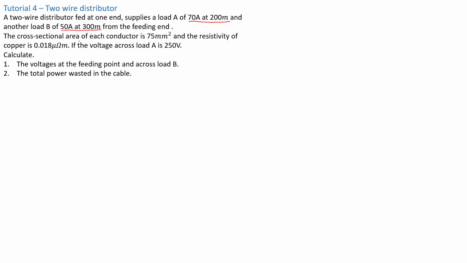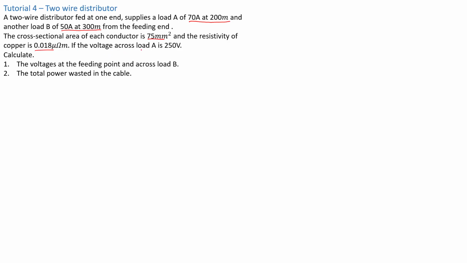Now the cross-sectional area of each conductor is 75 millimeter square and the resistivity of the copper is 0.018 micro-ohm meter. Now these two parameters are going to be important for us to calculate the resistance of the cable.